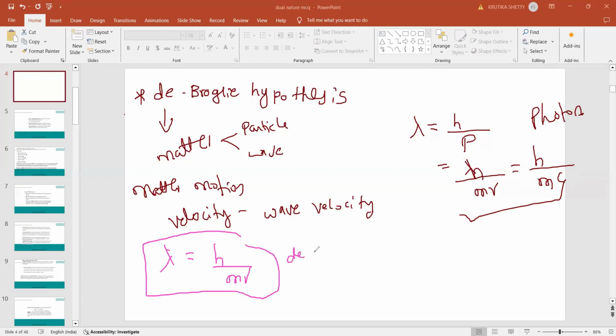So lambda means what? Wavelength. So this is called what? De Broglie wavelength of the particle, that is h divided by m into v. So the new formula in this chapter now.